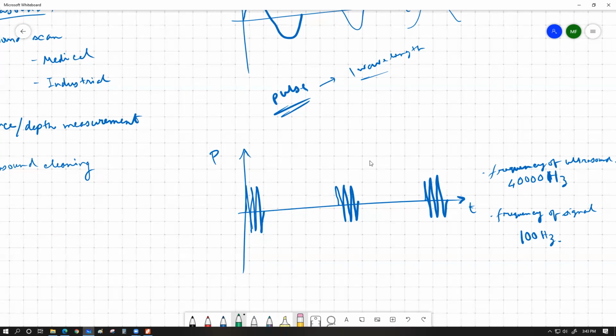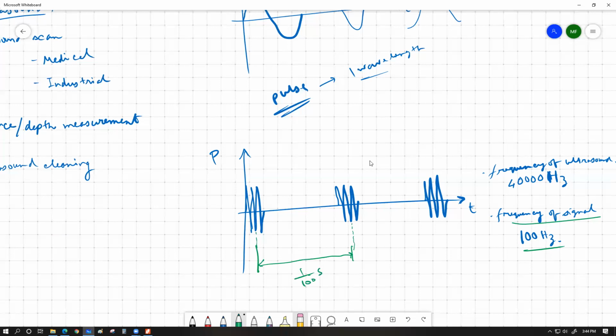So if I try to elaborate on the gap between each of these pulses: a signal frequency of 100 hertz means there will be hundreds of these pulses in 1 second. From one pulse, I'm just choosing a middle point, from the second graph to the second graph, this much time gap, the time delay from one pulse to another pulse, is 1/100 second.